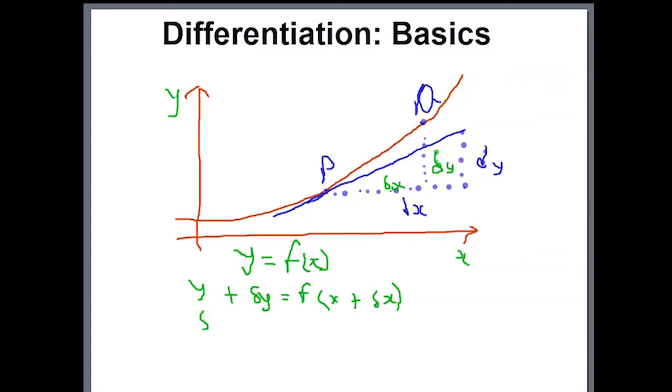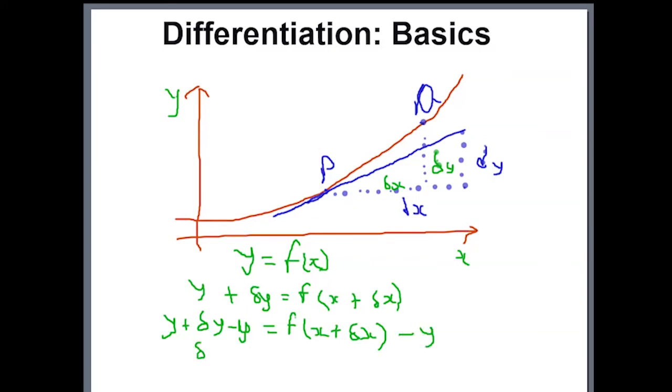Now if I subtract y from both sides, this will be f of x plus delta x minus y.